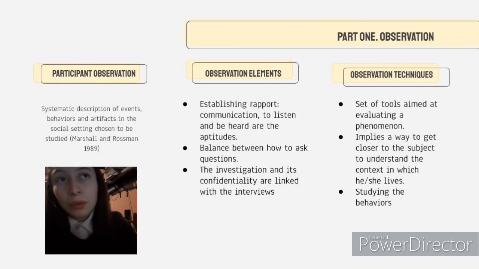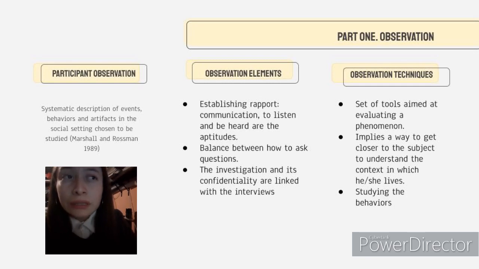Hi, we tell you about the elements for observation: establish rapport, communication, listening, being listened to, are they skilled, balance between having to ask questions, the investigation and its confidentiality, which are linked to the interviews.